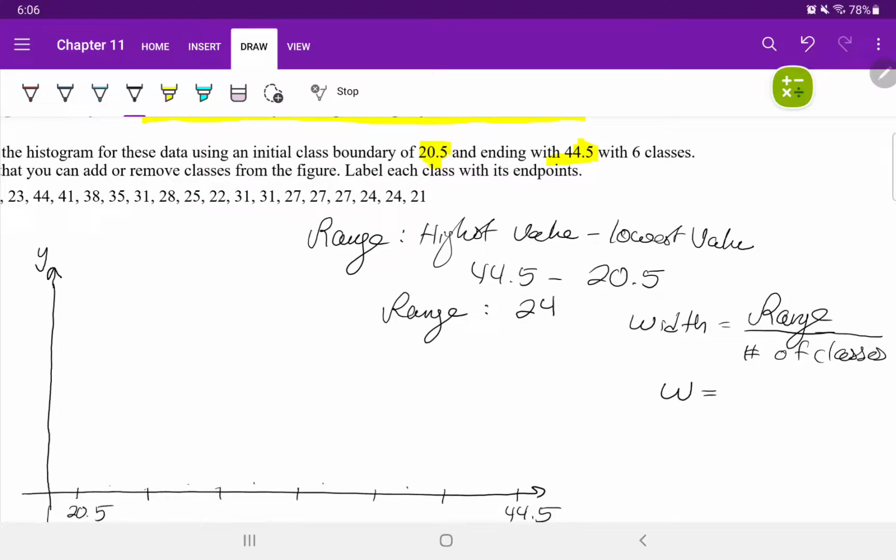The range is 24. We have 6 classes, because we want to have 6 classes. 24 divided by 6 is 4. So that means the distance between each class is 4 units.